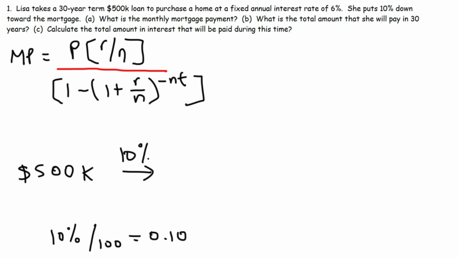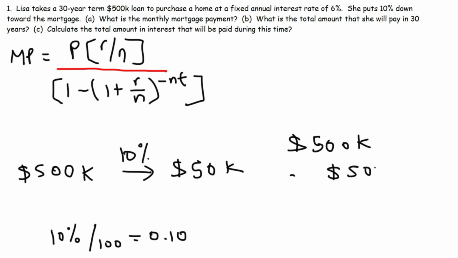So 500K times 0.10 is going to give us 50K, or 50,000. So that's how much she's putting down towards the mortgage. She put $50,000 in cash towards it. So now the new initial balance is 500K minus 50K, which is going to be 450K. So that's going to be P, the starting principal of the loan.